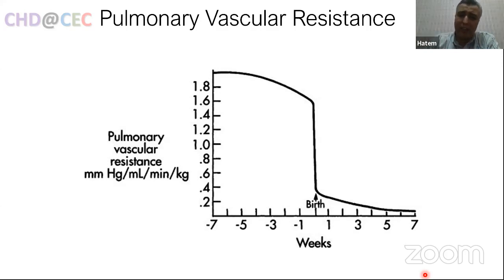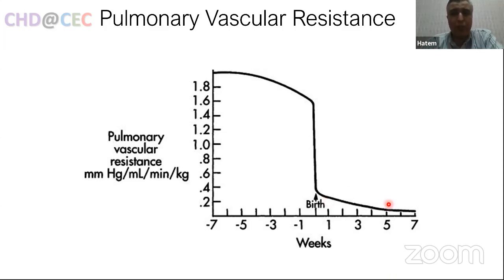So immediately after birth, pulmonary vascular resistance sharply drops, but then it still remains higher than normal for like 6 to 8 weeks. It takes 6 to 8 weeks for the pulmonary vascular resistance to drop to its adult level. And so if there is a communication between both circulations, you would not expect the shunting to be very high during the first few weeks.